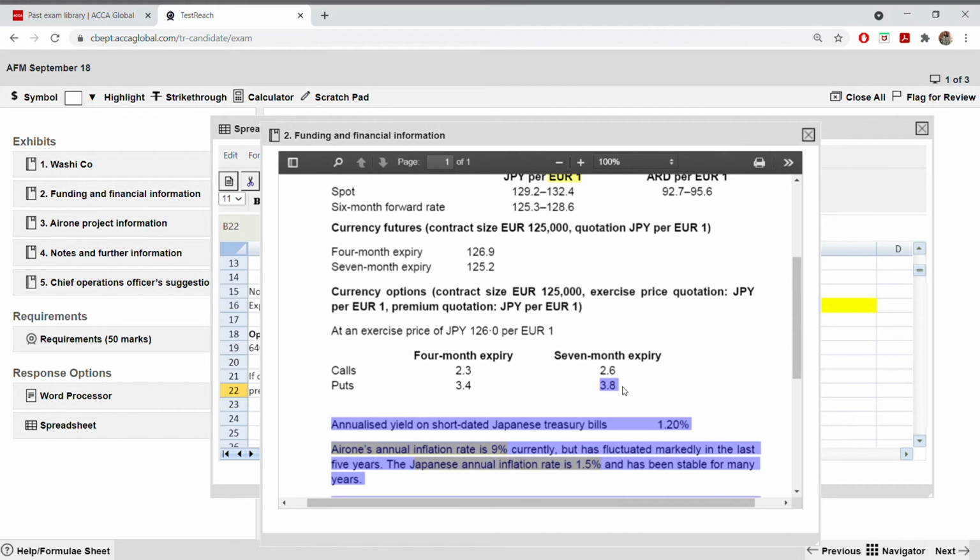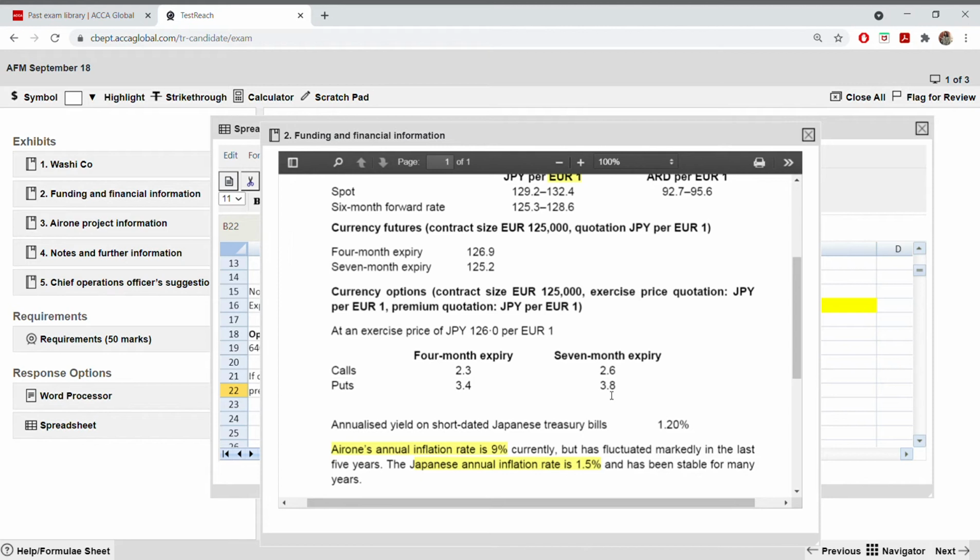Can you take 3.8 as it is? Definitely you can take 3.8 as it is, because normally in the textbook and other questions, your premium is quoted as cents. But here it is not in cents. That's why you don't have to multiply or divide anything. Usually we divide it by 100, but here you don't have to, because it is not in cents.